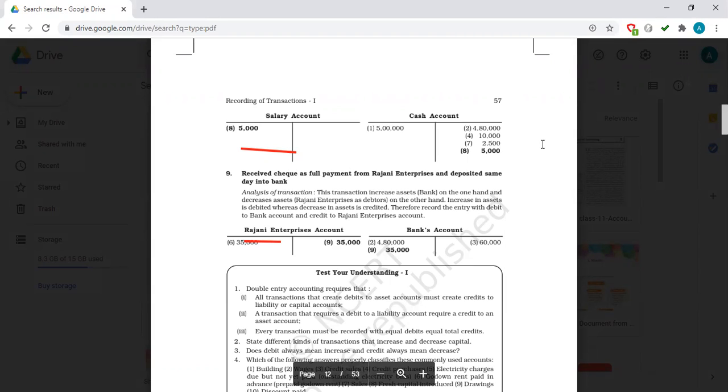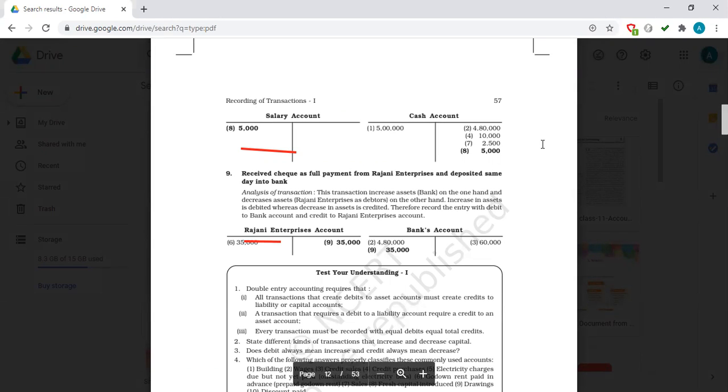Remember we had sold goods to Rajini, so she became our debtor. Now we are receiving cash. So in the Rajini Enterprise account, you are going to write 35,000 on the credit side, because earlier we had written it on the debit side when she became our debtor. Now the debtor is clearing the amount, so it decreases.